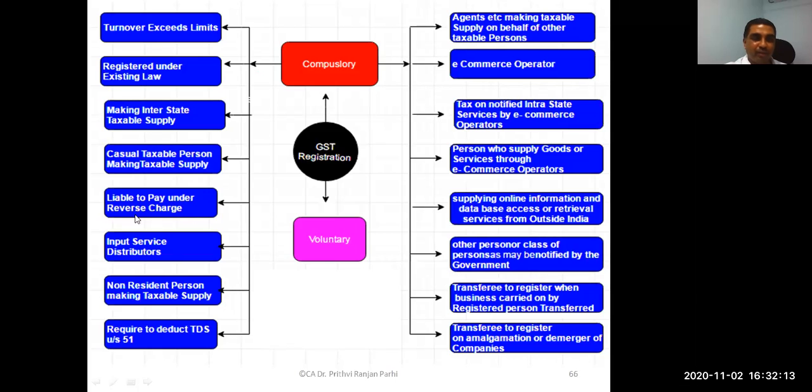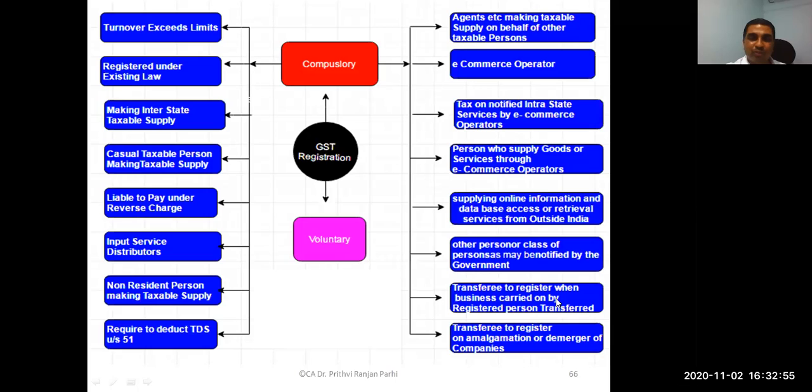Persons liable to pay under reverse charge mechanism. Input service distributors. Non-resident persons making taxable supply. Persons who are required to deduct TDS. Agents making taxable supply on behalf of other taxable persons. E-commerce operators, and notified inter-state supplies by e-commerce operators. Persons who supply goods and services through e-commerce operators. Persons supplying online information and database access or retrieval services from outside India. Other persons or class of persons as may be notified by government.